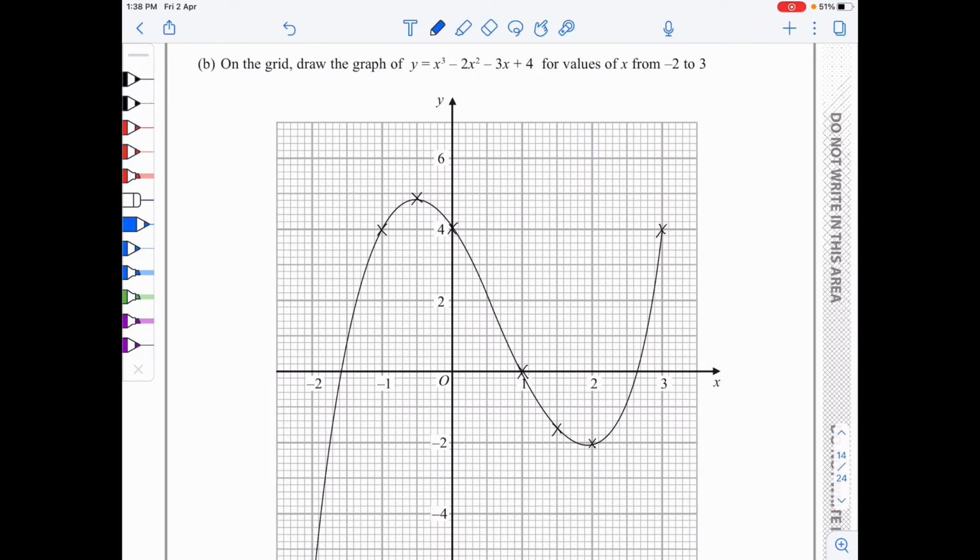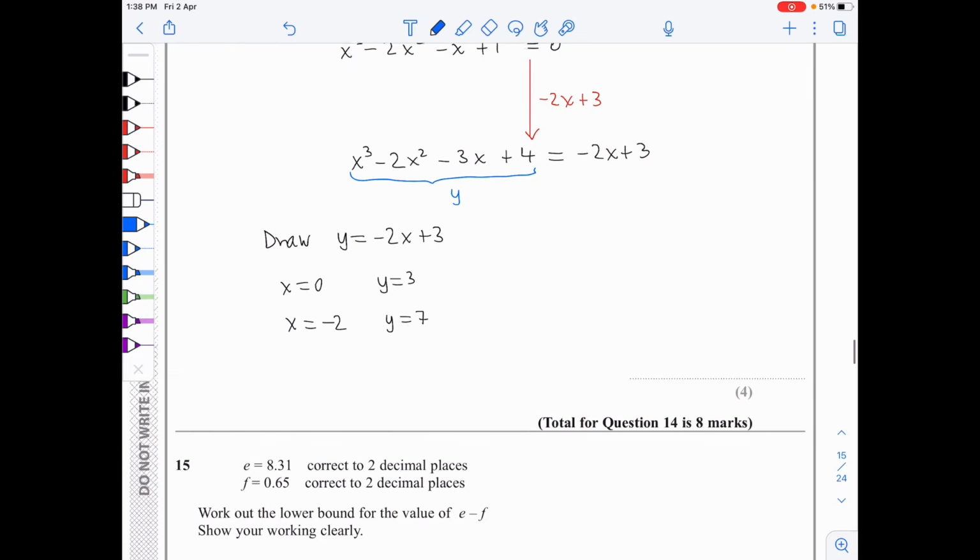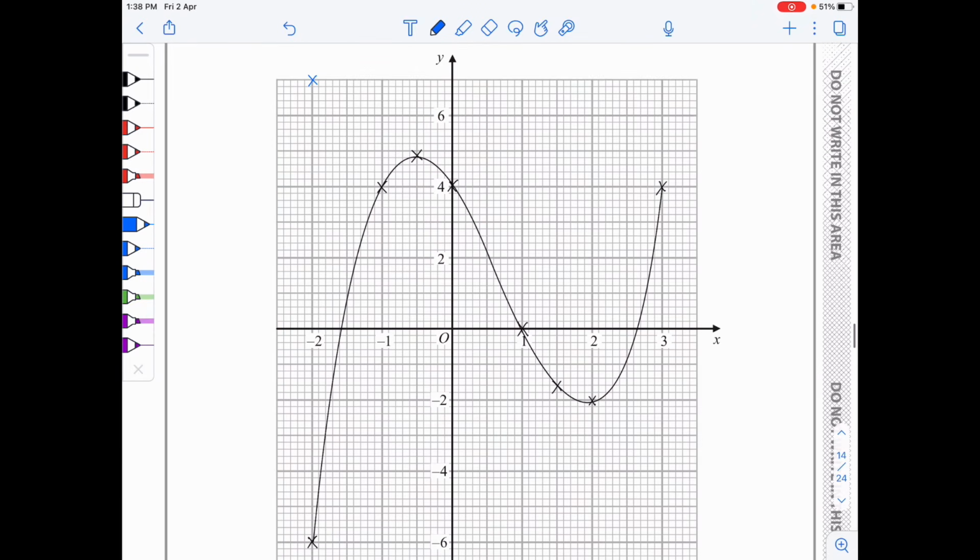Negative 2, 7 is here. And the other one was 0, 3. 0, 3 is here. I will join them with a straight line, and the intersection points will be the solutions to the equation.